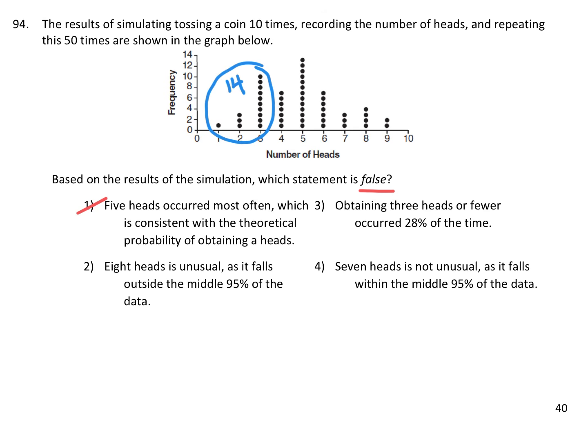So 14 out of, altogether, they did this 50 times, so 14 out of 50 would be equal to 0.28. So actually, this is a true statement as well. Obtaining 3 heads or fewer occurred 28% of the time. Yes, it did. So this one's no good.